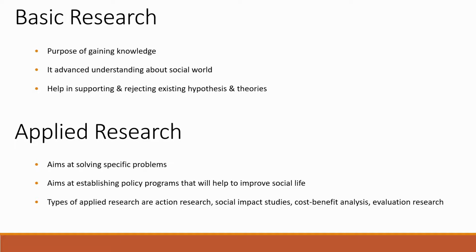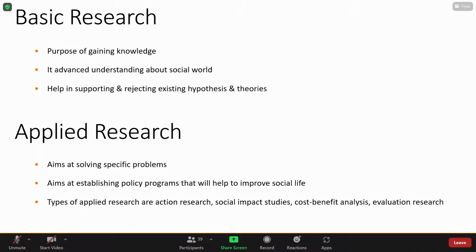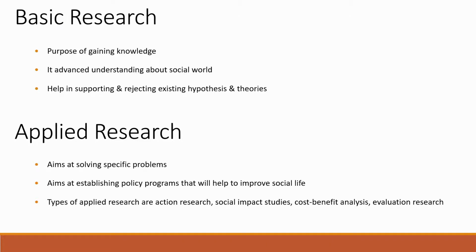The types of applied research can be action research, social impact studies, or cost benefit analysis. So it really depends on which research field we investigate. But remember, for applied research, define a specific problem. That is the most important part when you want to get into it.